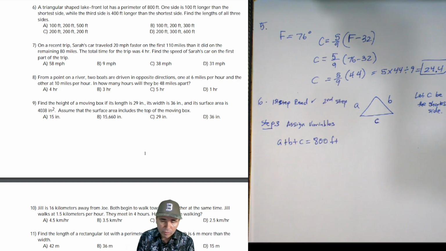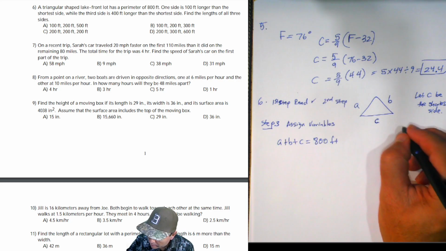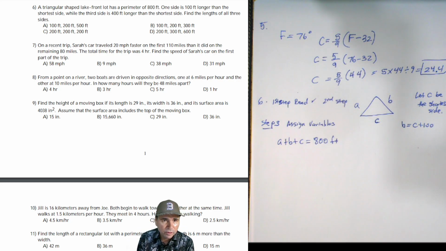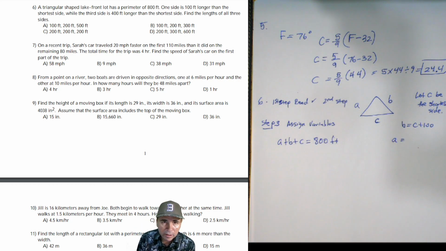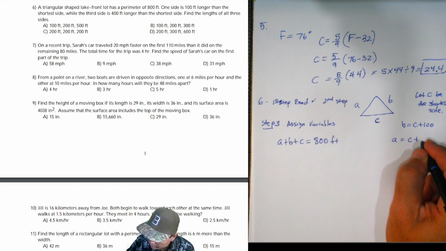That one side, we don't know which one, it could be A, it could be B. Let's just choose B. It says that B is C plus 100. Okay? That's all we know. While the third side, so that means whatever side is left, this would be A, right? So A would be 400 feet longer than the shortest side. So that would be C plus 400.